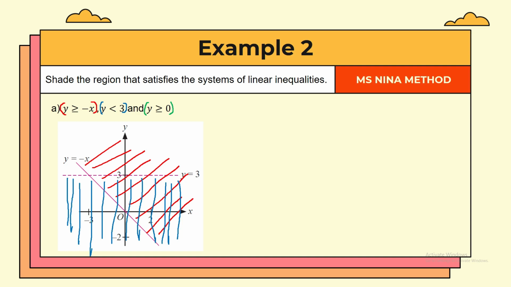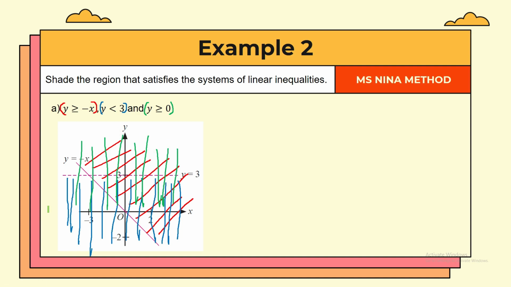On this x-axis, there is an equation that represents y equal to 0. So you will have to shade the region above the x-axis, because it represents the third linear inequality. It looks like a mess, right?